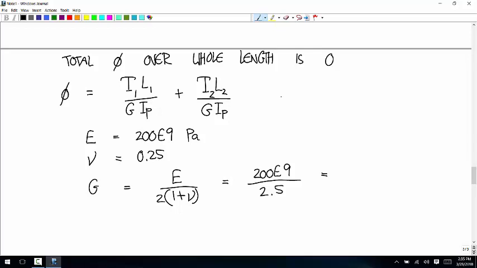And what do you get for that? 8.0 times 10 to the 10th, and that's still in pascals.